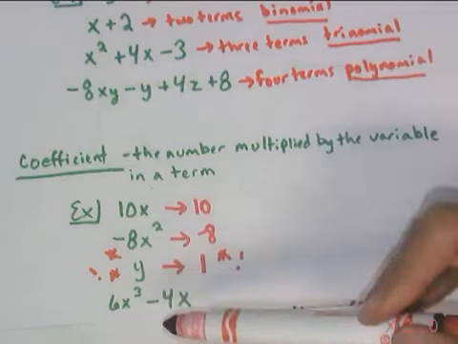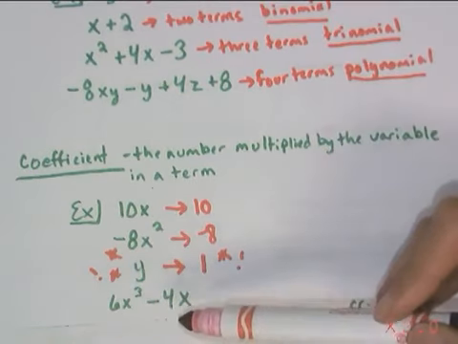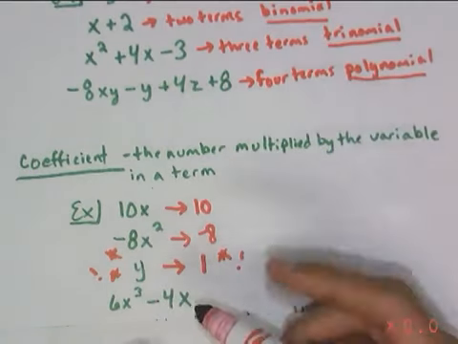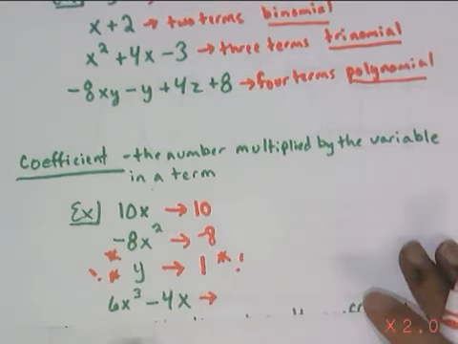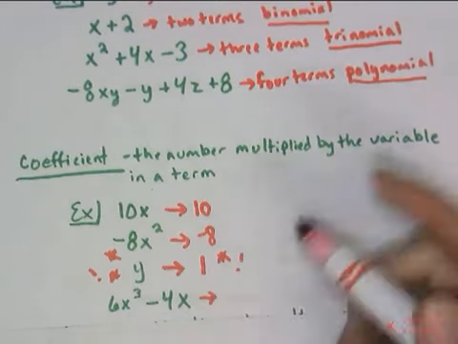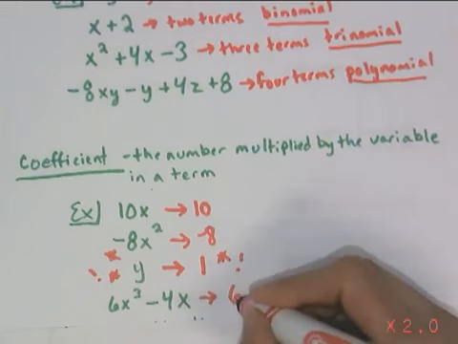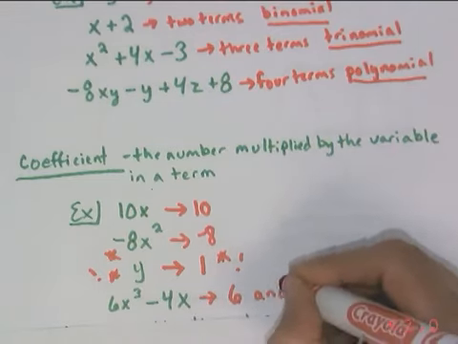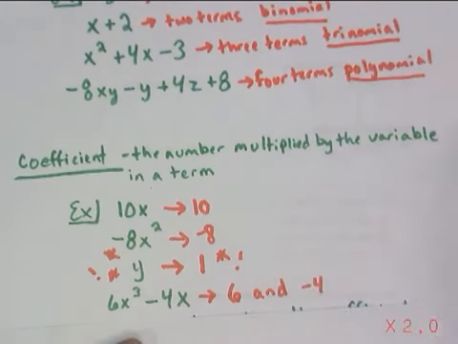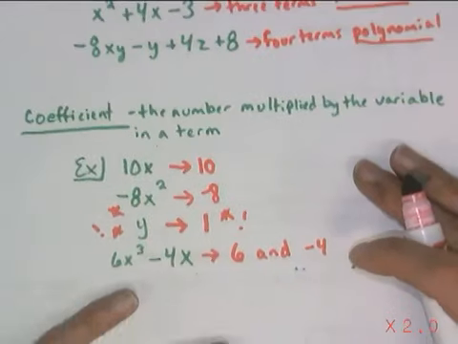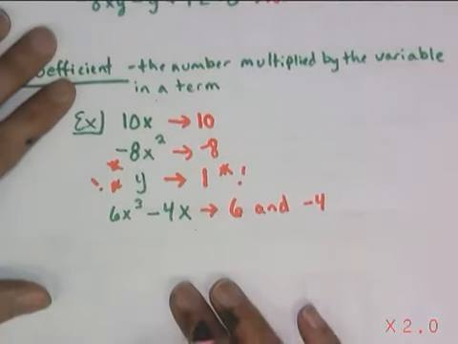Right? The last example we're looking at is a binomial, and it has 2 terms, therefore we have to identify 2 different coefficients. So for the first term, we have a coefficient of 6, and the second term, we have a coefficient of negative 4. So that takes us to our next thing that we have to talk about, which is this.